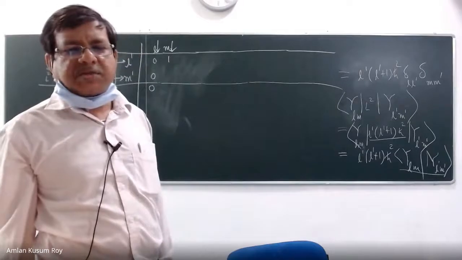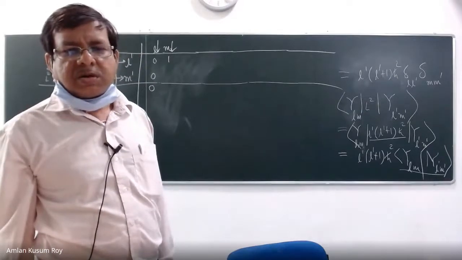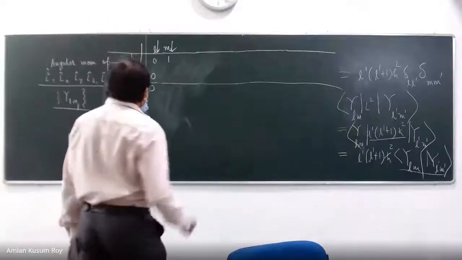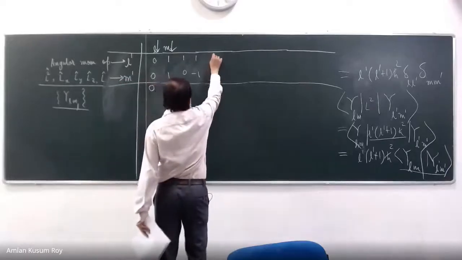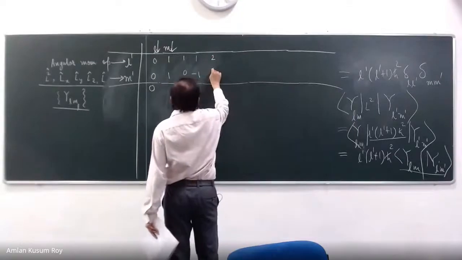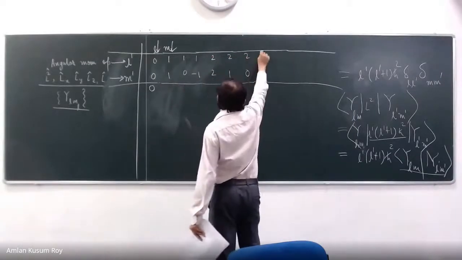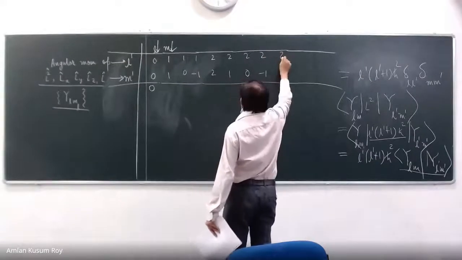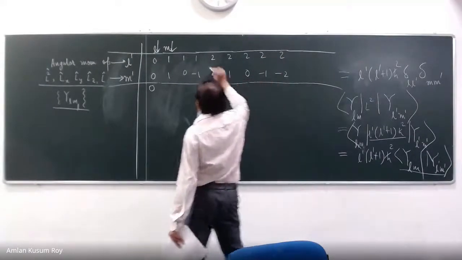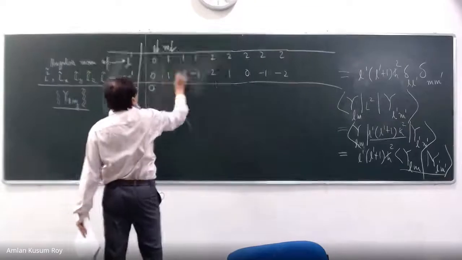Three values. What are those? -1, 0, and 1. Right? Similarly, 2, 2, 2, 1, 2, 0, 2, -1, 2, -2. We can just do up to this much.